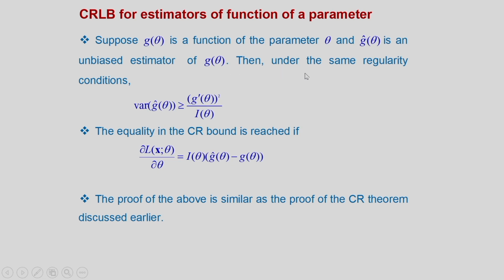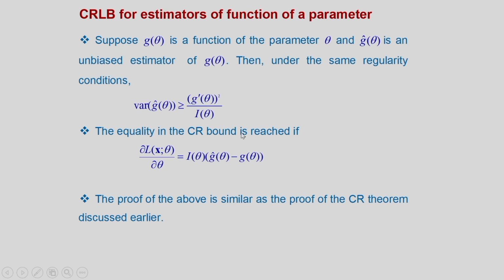Then under the same regularity conditions, the variance of g hat(theta) is greater than or equal to (g dash theta) whole square divided by I(theta), where g dash theta is the first order derivative with respect to theta. So, this is the Cramer theorem for the function of a parameter.